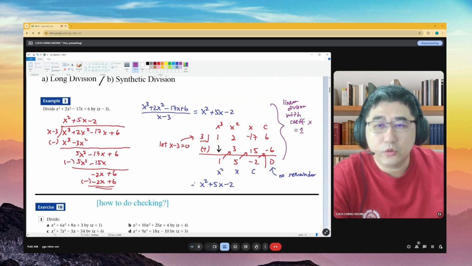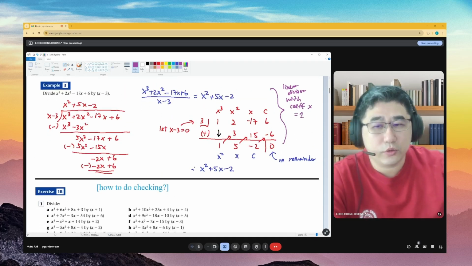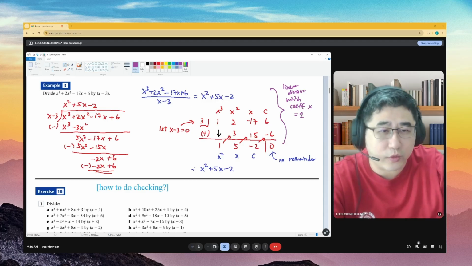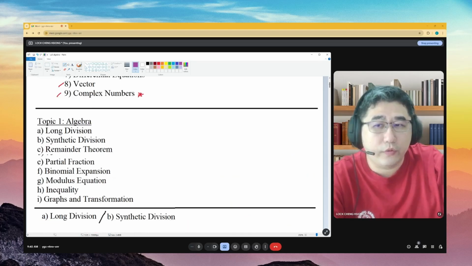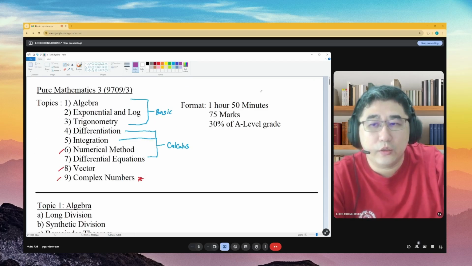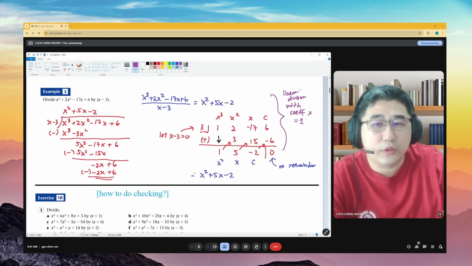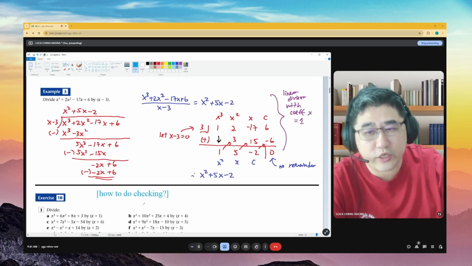So during exam, it's important for us to make sure our algebra is correct, because as you can see, back at the front I said this is the basic topic, and it is needed for the rest of the topics, isn't it? Therefore, it's always important for you to check whether your answer is correct or not. So how do you do checking?